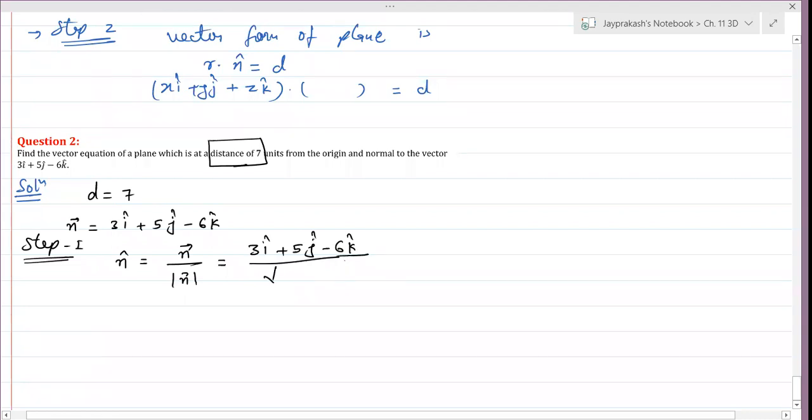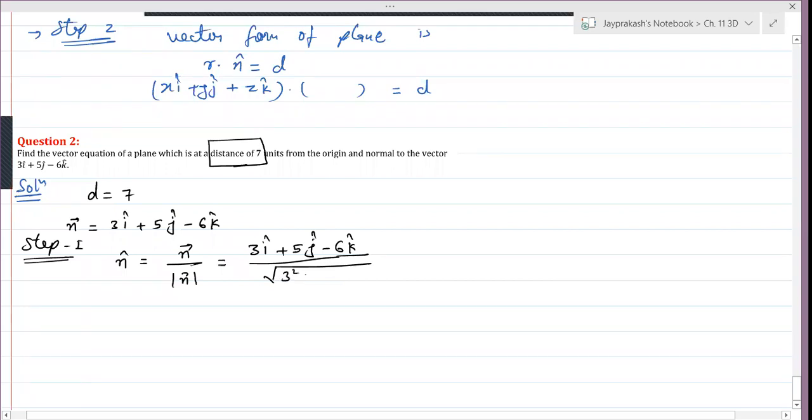Anyone, what is the modulus value? It's 3 square, 5 square, 6 square.